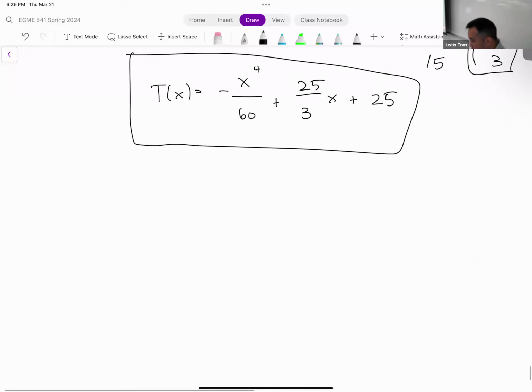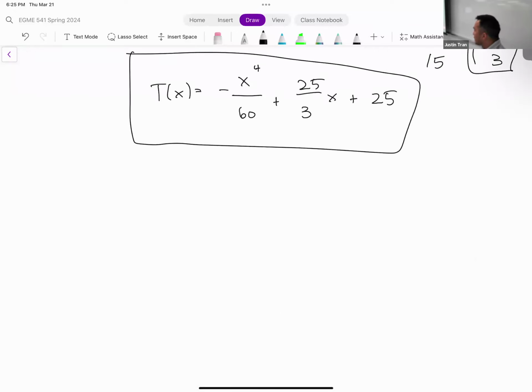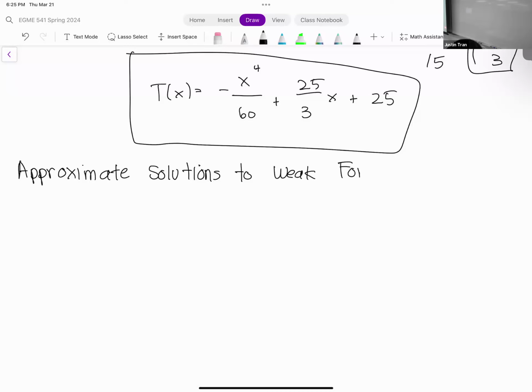So one thing that the weak form allows you to do, or one thing that's a lot easier to do in the weak form than in the strong form, is to find what's called approximate solutions. So we have approximate solutions to our weak forms.